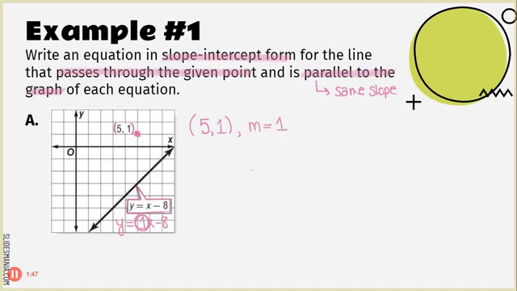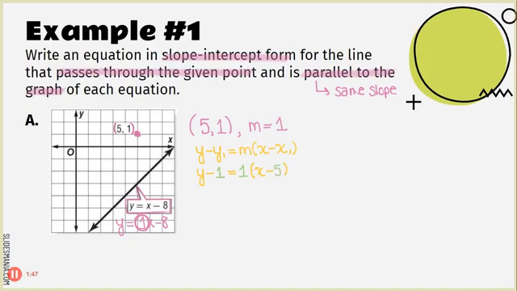Then we're going to substitute our information into point-slope form, which is y minus y1 equals m times x minus x1. We leave our y alone, and it's y minus the y value of our ordered pair, which is 1, equals our slope, which we found to be 1, and then in parentheses x minus the x value of our ordered pair, which is 5.